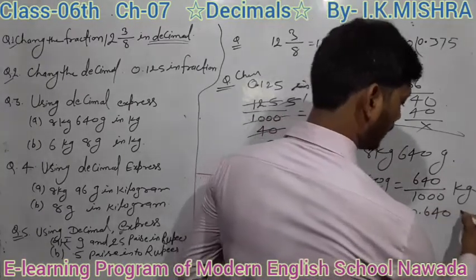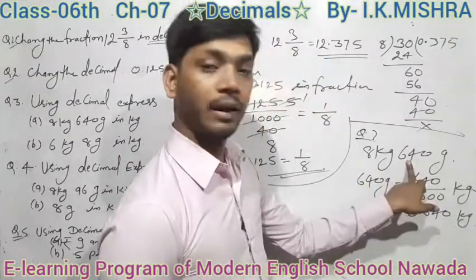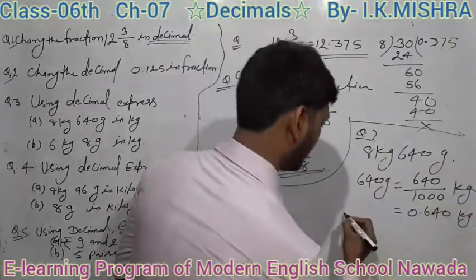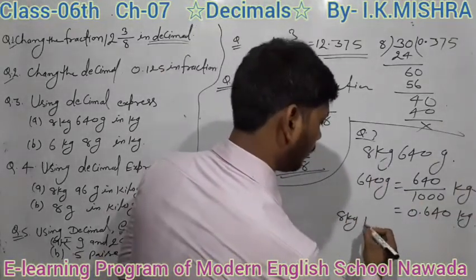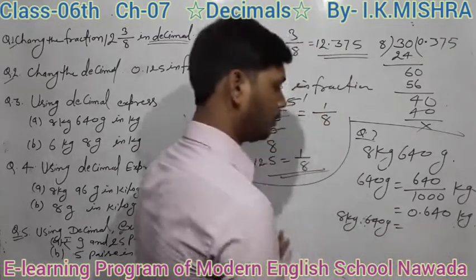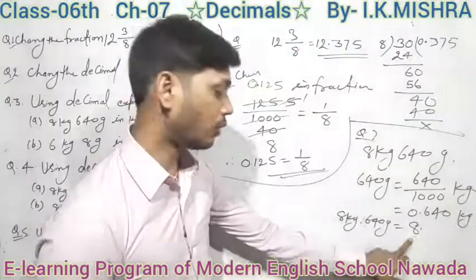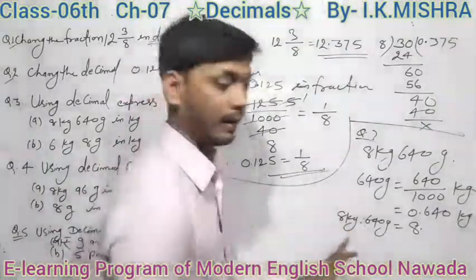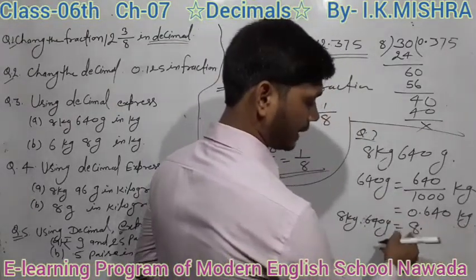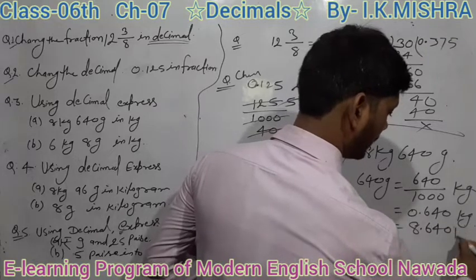And now students, here 8 kg, 8 whole, 8 complete kg. So 8 kg 640 gram is equal to 8 point, 8 is a whole number, 8 kg, 8 point, and after that 0.640, that means 8.640 kg.